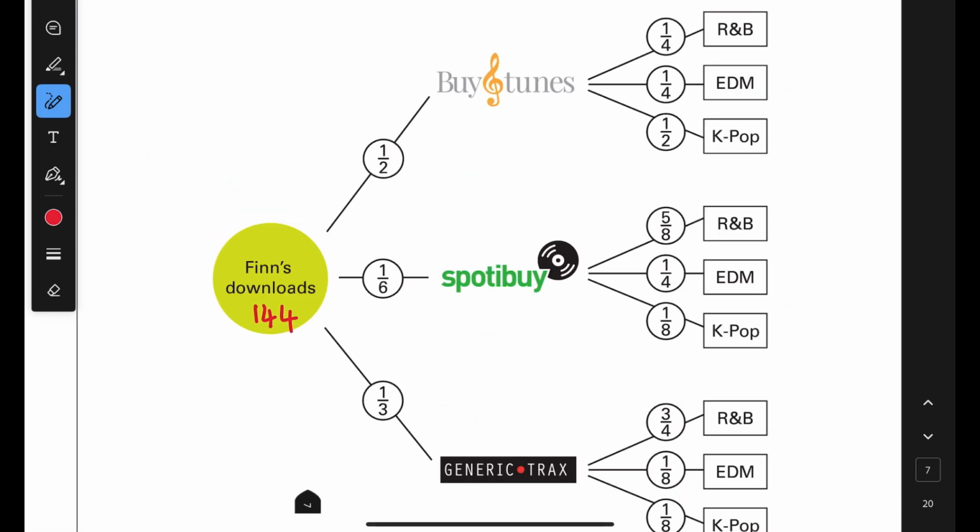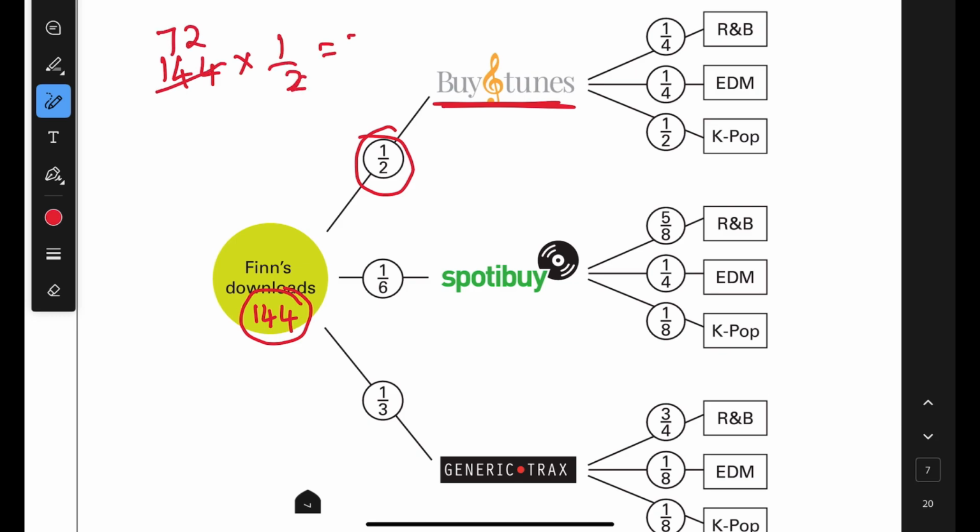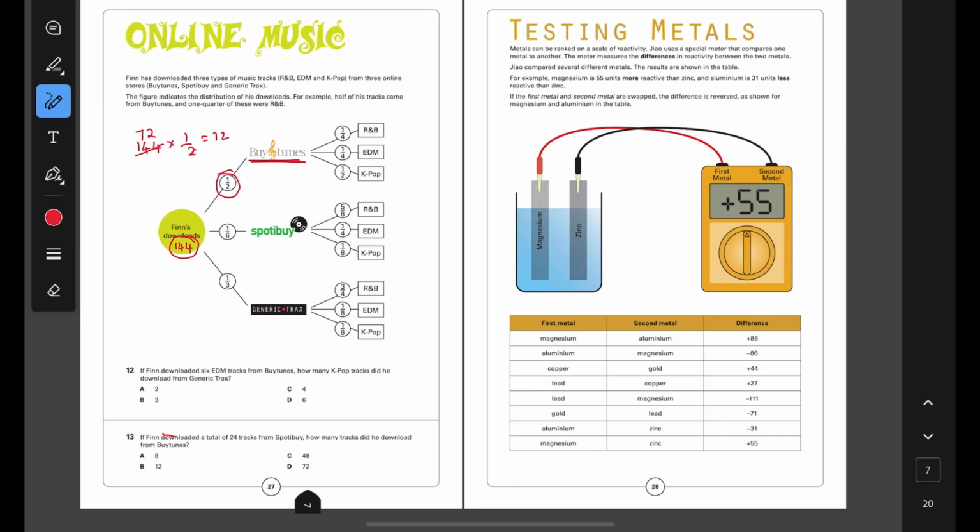From 144 he downloaded half from the Bytones store. So 144 times half would be 72. So he downloaded 72 tracks. For the 13th question the option is D, 72, and for the 12th question the option is A, 2. I hope you understood till this part.